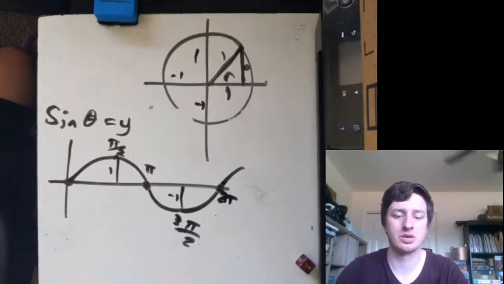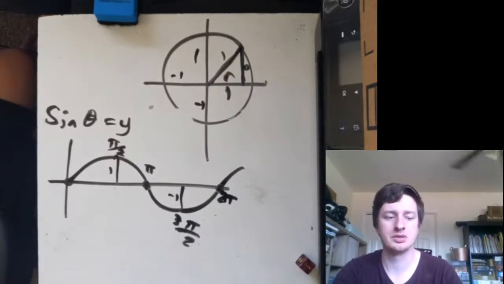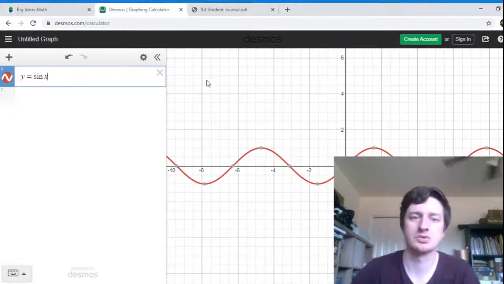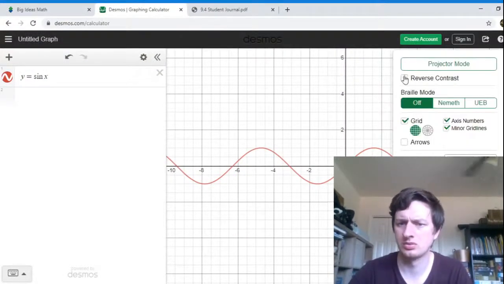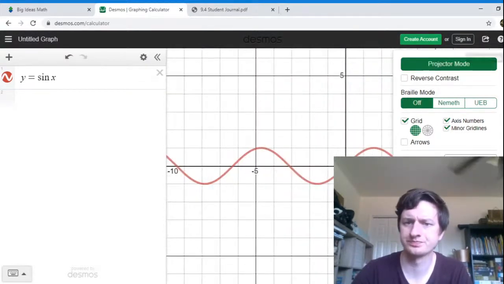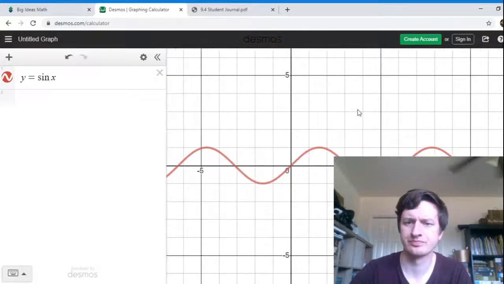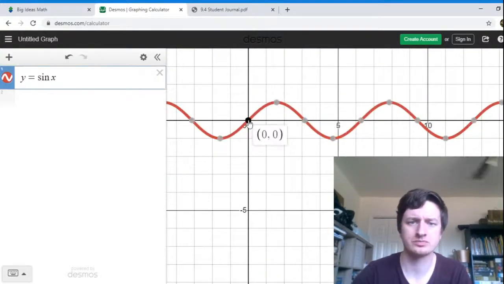In Desmos, we're going to graph y equals sine x. We start at 0, like we said.